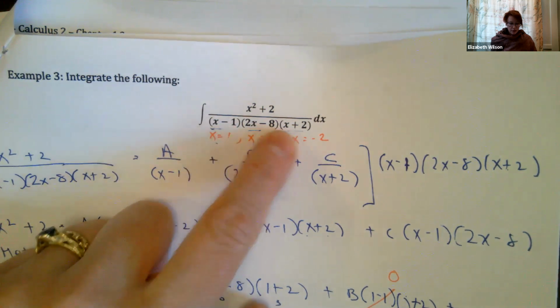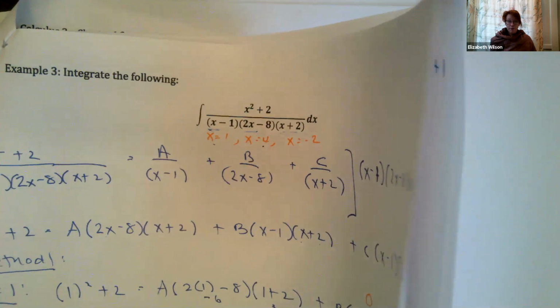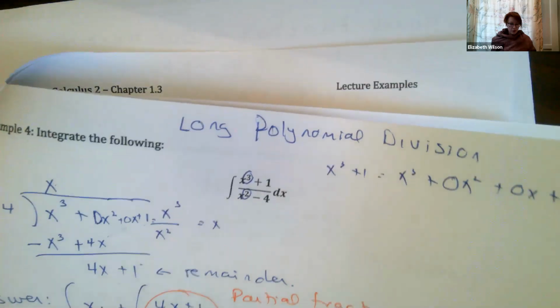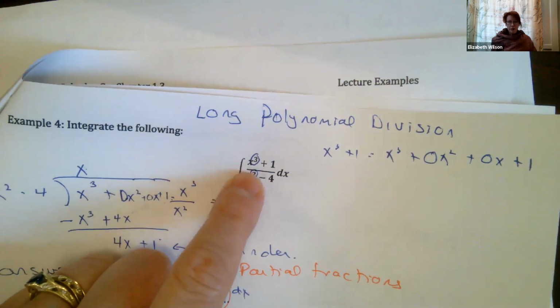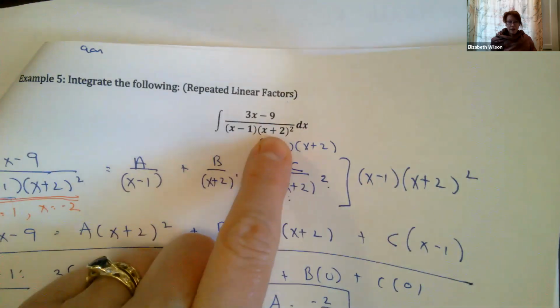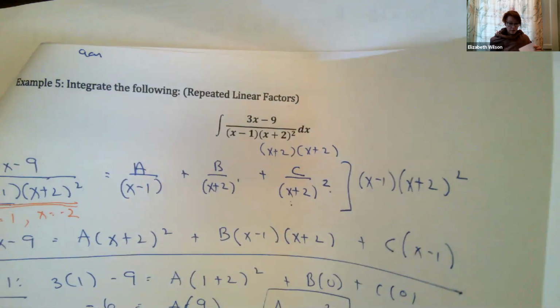So all these cases where I have an x to the 1, those are simple linear factors. This is a case of long division, where my numerator has a higher degree than my denominator. I have to simplify this fraction first. And then this one here, I have a repeated linear factor. X plus 2 is the linear factor, but it's being repeated twice. So I have to handle that slightly differently.